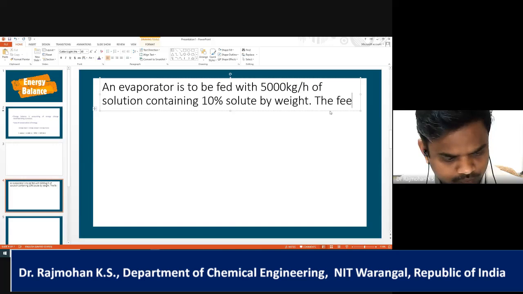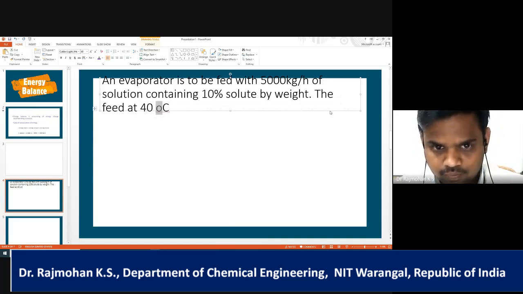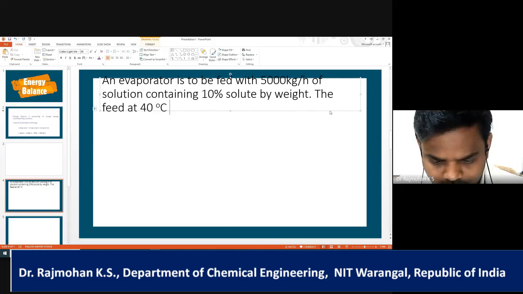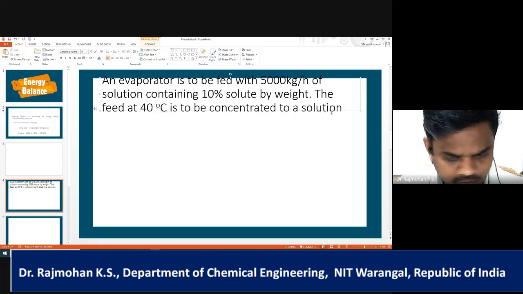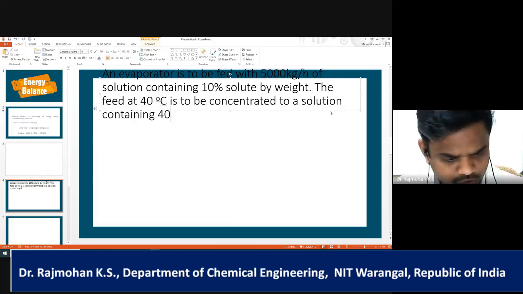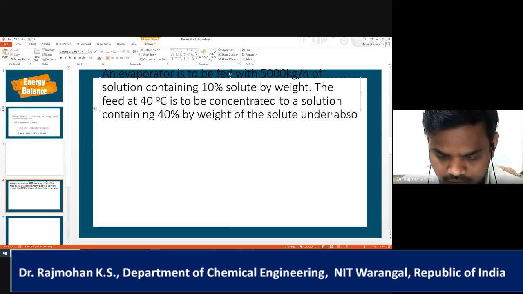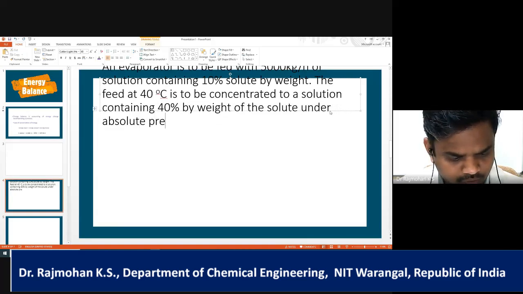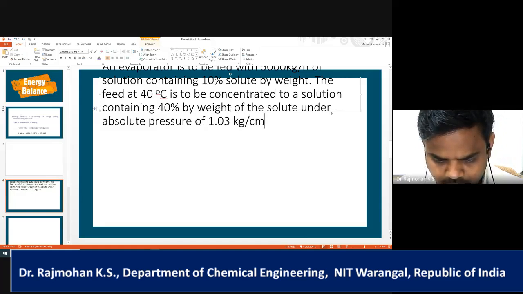The feed at 40 degrees Celsius is to be concentrated to a solution containing 40% by weight of the solute under an absolute pressure of 1.03 kg per centimeter square.